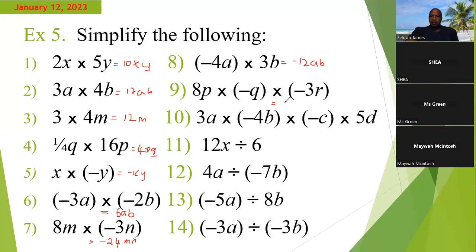Positive 24 PQR. All right, correct. And you realize why it is positive, right? Yes, sir. You want to explain to us? Sir, you have 1 positive times 2 negatives, sir. That would give you a positive.